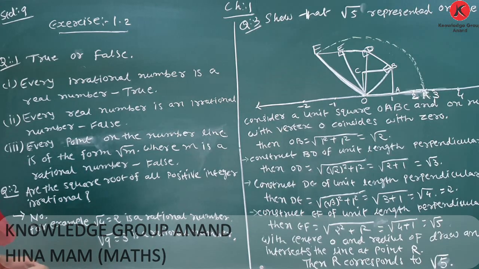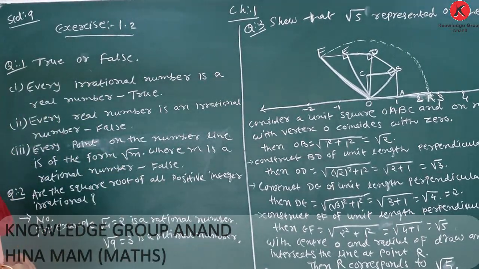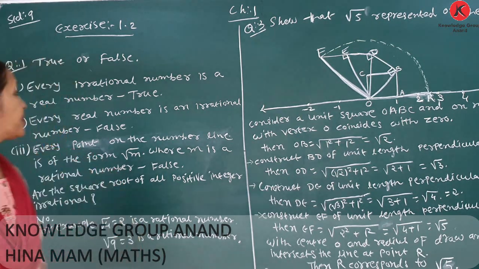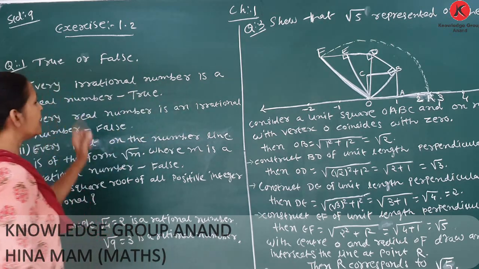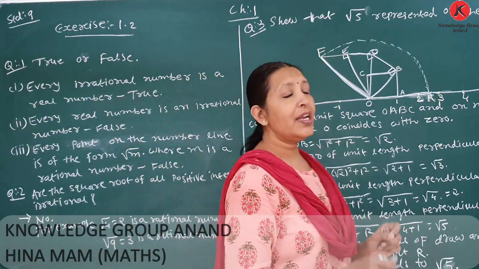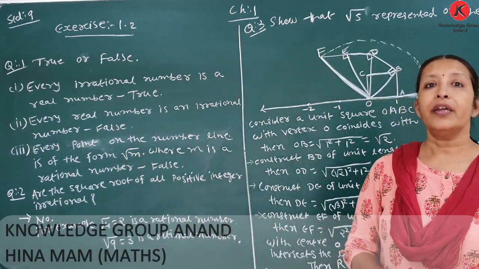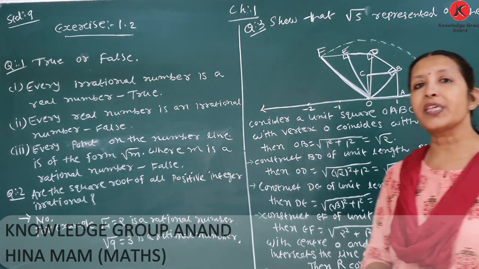Now start exercise 1.2. Question number 1. True or false? Number 1. Every irrational number is a real number. Irrational numbers means numbers like root 5, cube root of 7.